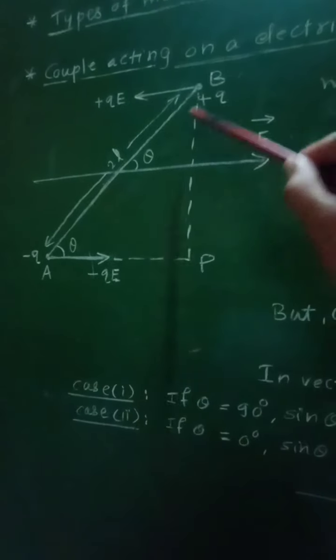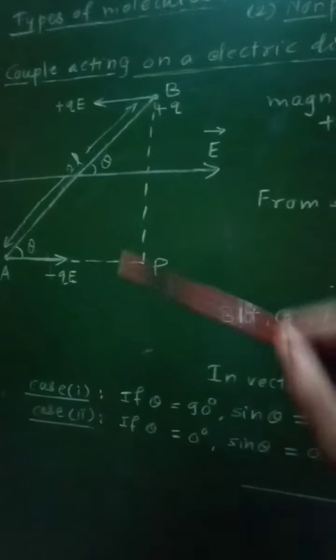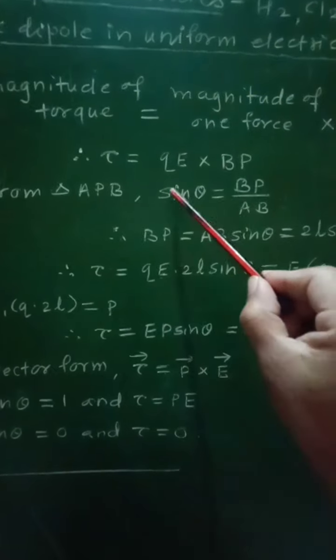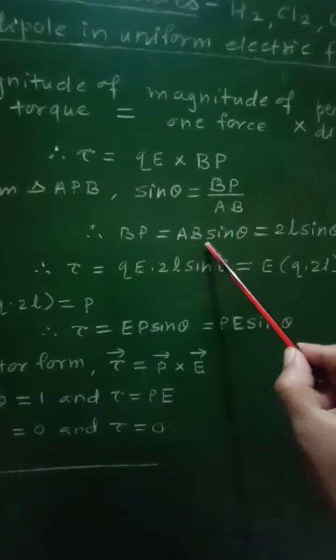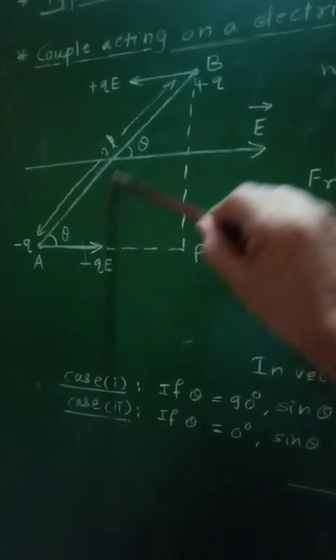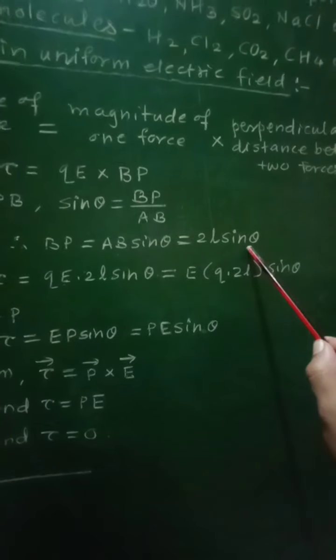From this we can write BP equal to AB sine theta, but AB is equal to 2L, and therefore we can write BP equal to 2L sine theta.